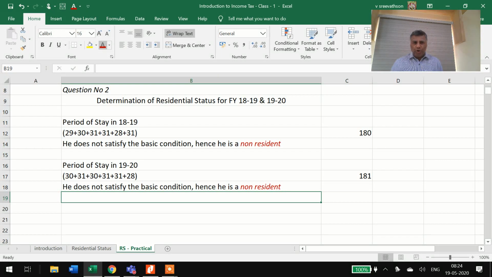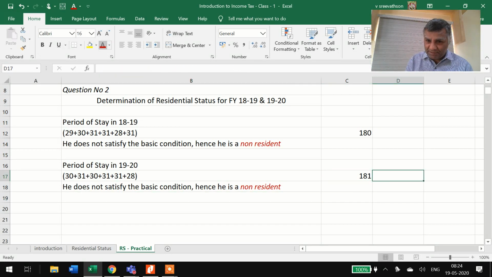So this question should give you two very important pieces of knowledge. One, if there is a cut-off date, that is 31st March, in between, remember, the year ends and from 1st April fresh calculation begins.